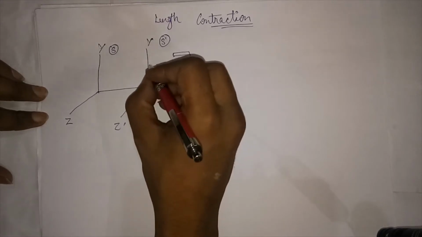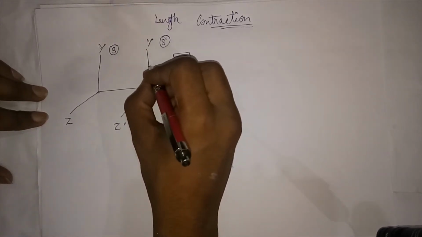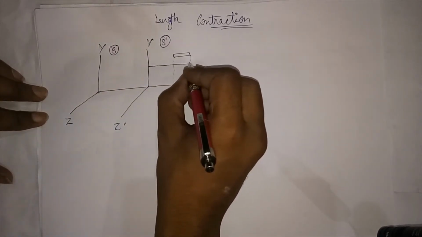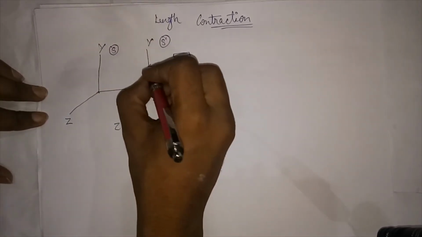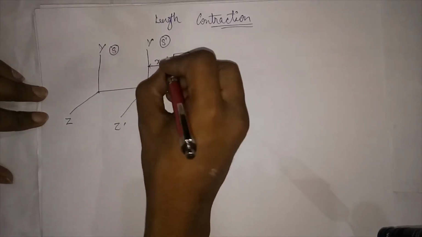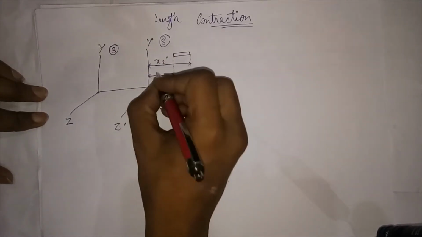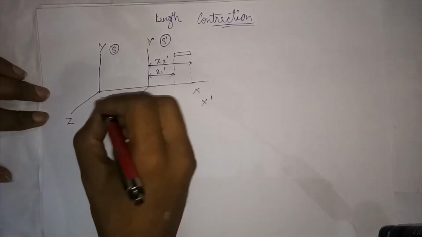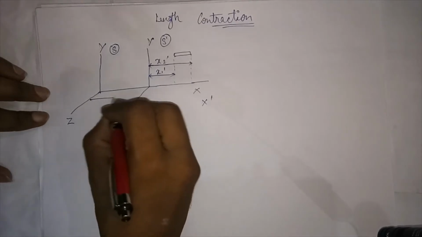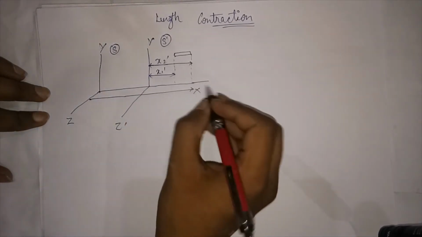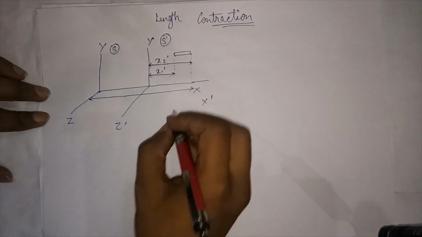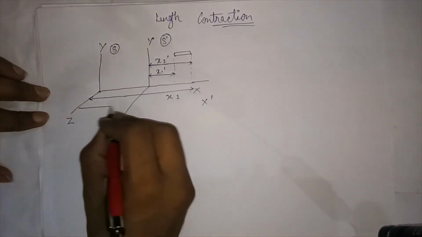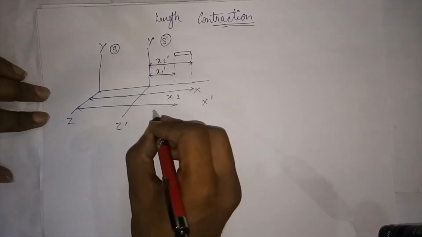Now this distance from the x-axis to the last point of this rod is x2 dash and this distance is x1 dash, and the distance of this end point from the stationary frame of reference is x2 and this distance is x1.